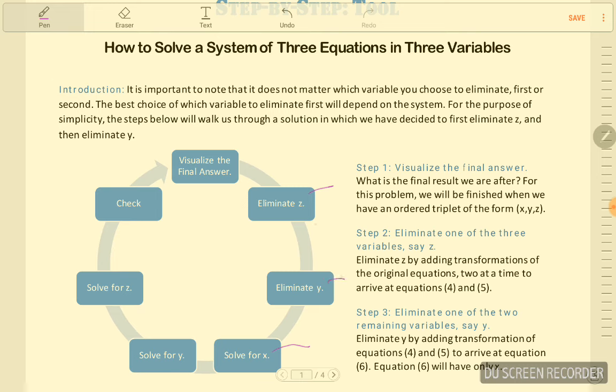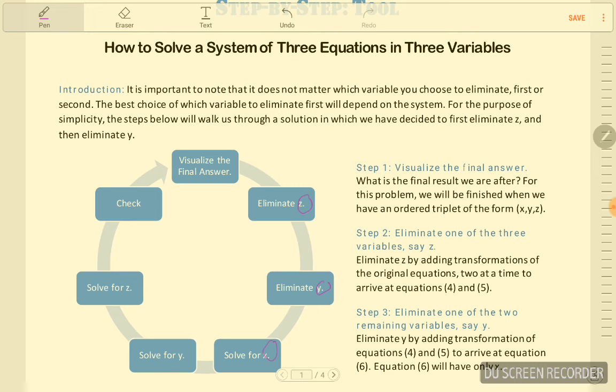I could have eliminated x first and then y second, or x first and then z second, any combination. It really depends. When you look at your system of equations, you can make a judgment call what you think is going to be the best way to go. But even if you stick to this particular template of always getting rid of z first and then y and then x, at least as a beginner, it will work. It just may not be the most efficient way.